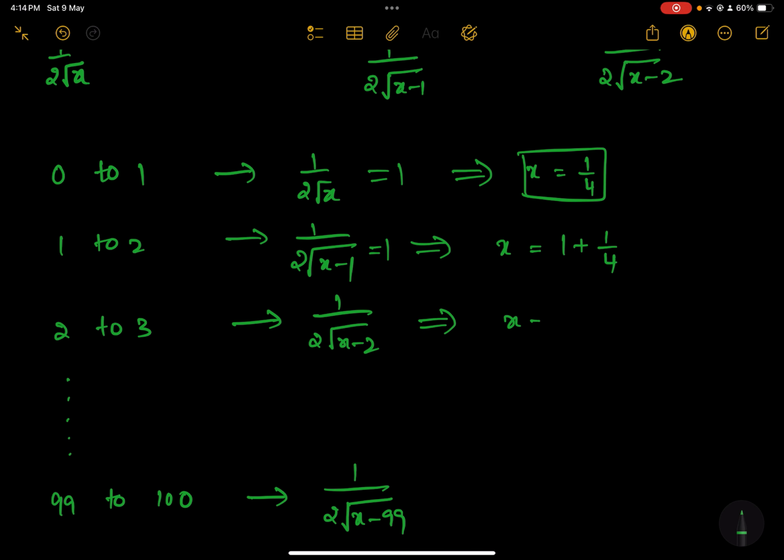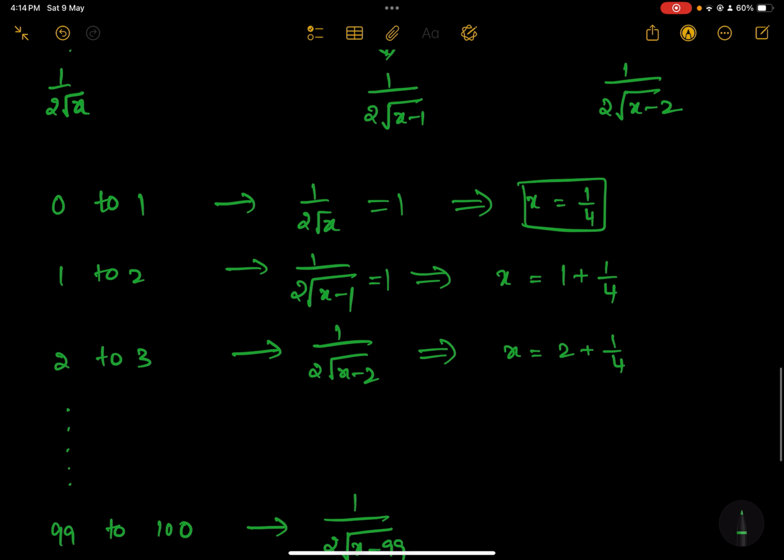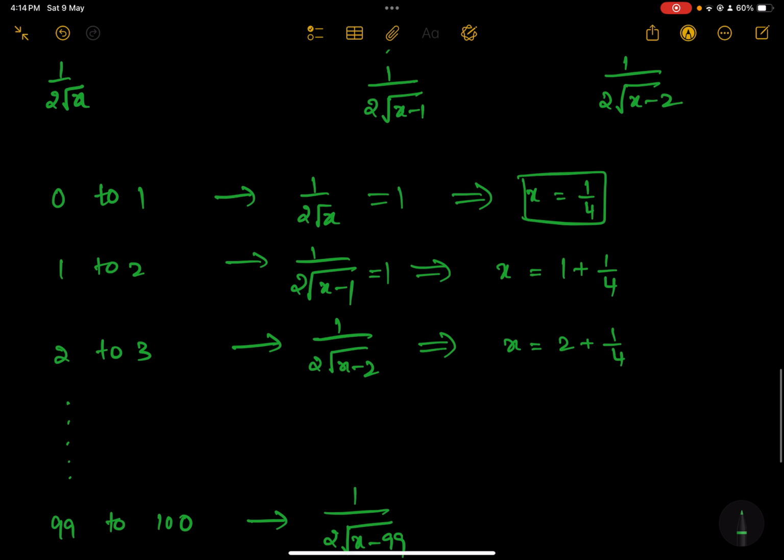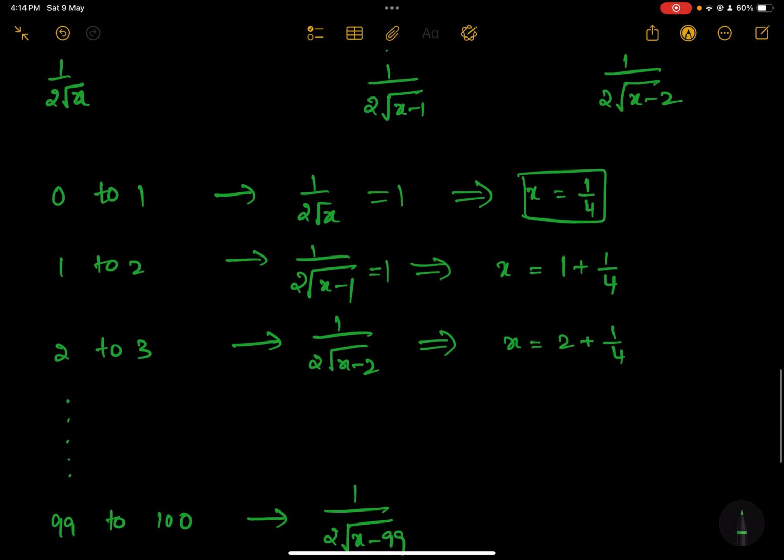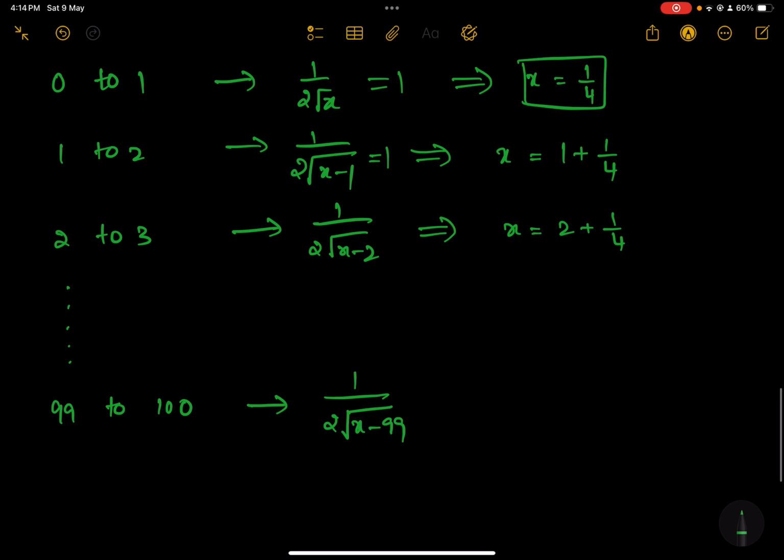Here you will get x equals 2 plus 1 upon 4. And here you will get x equals 99 plus 1 upon 4.